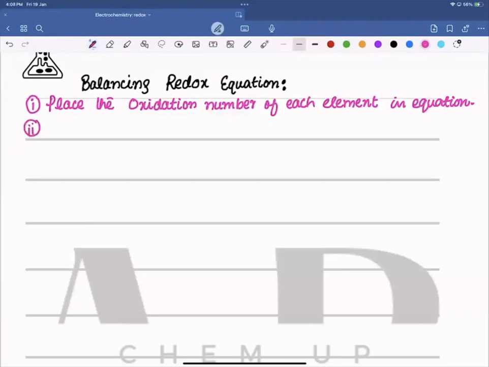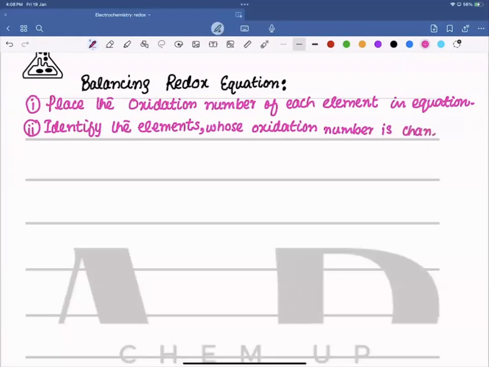After this, identify the elements whose oxidation number is changing.